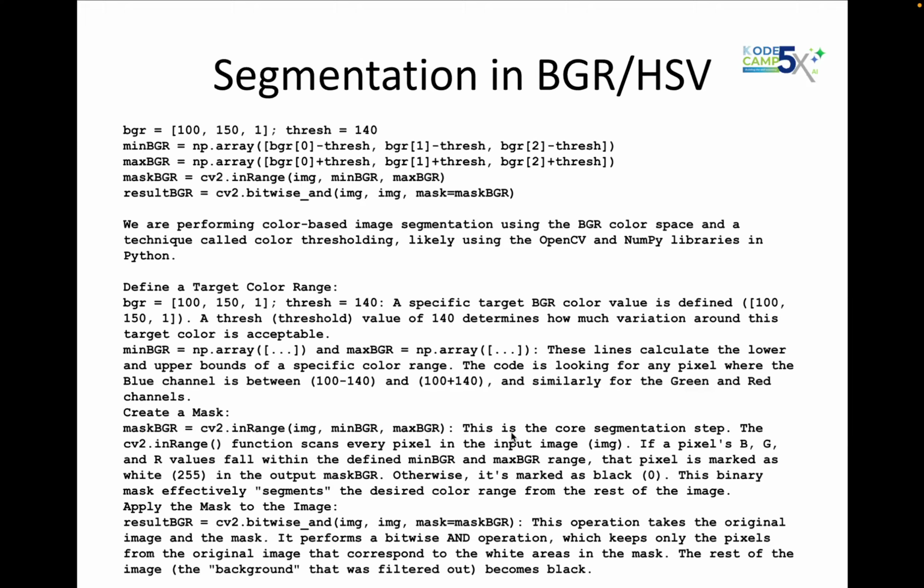All right, so this is the core segmentation step. The cv2.inRange function scans every pixel in the input image. If the pixel values fall within the defined minimum BGR and the maximum BGR, that pixel is marked.